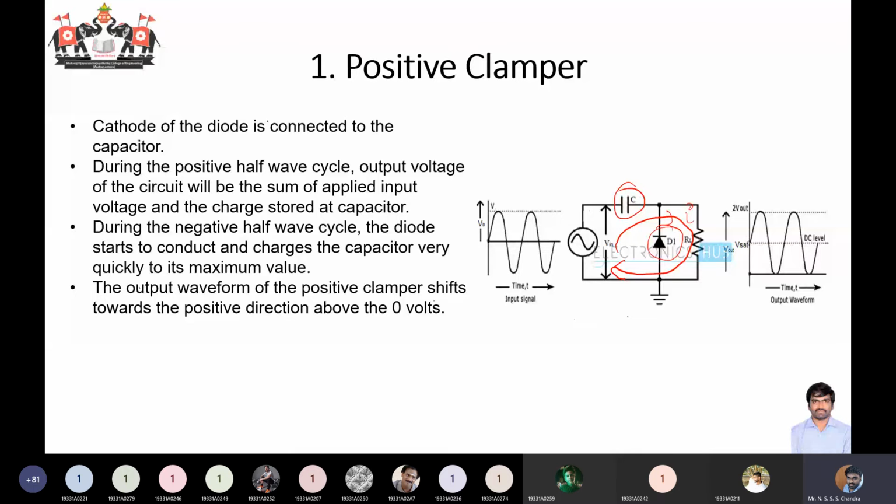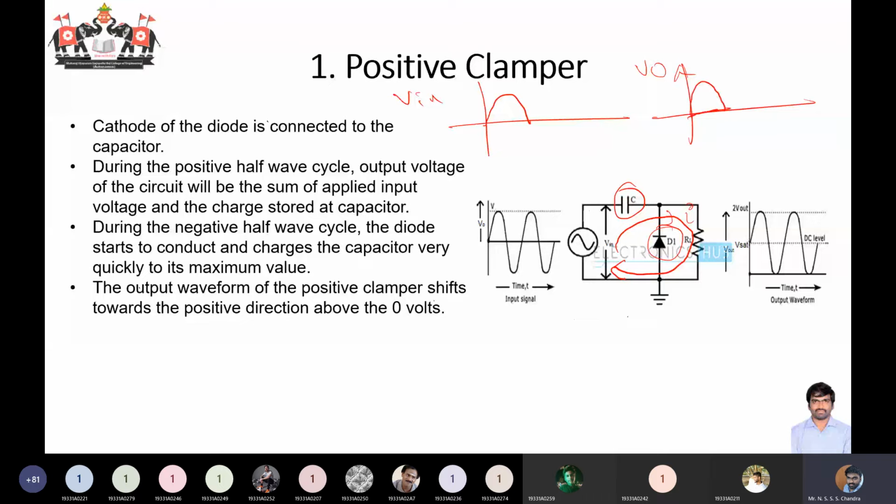You know that there is no resistance for a capacitor, right? So there will not be any voltage drop across your capacitor. So the entire V in will appear across your load resistor. So initially, for the first positive half cycle, I will draw V out. For the positive half cycle, your output will follow the input voltage.